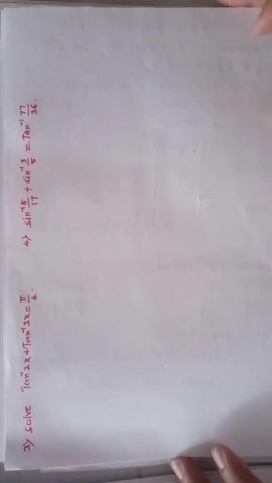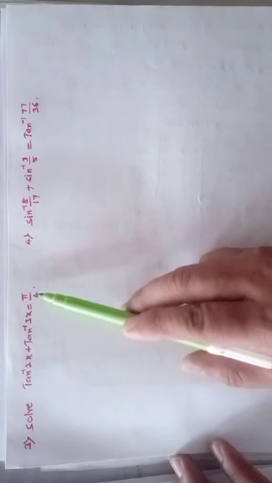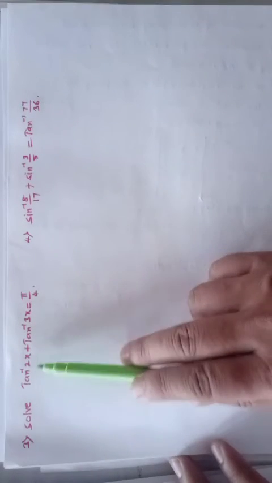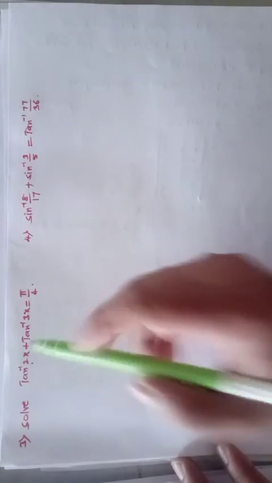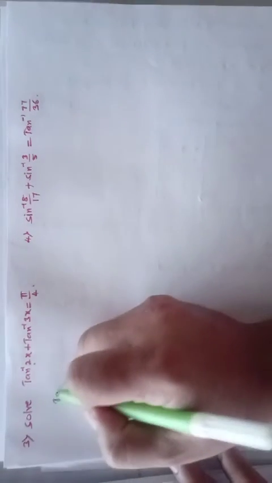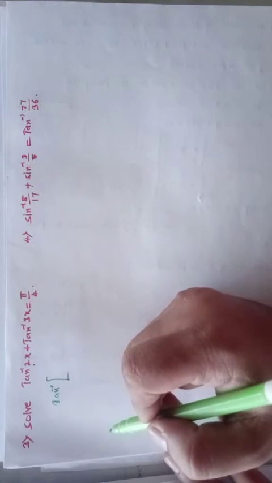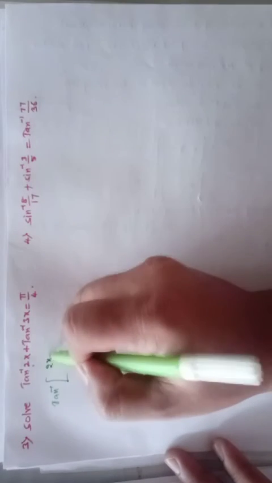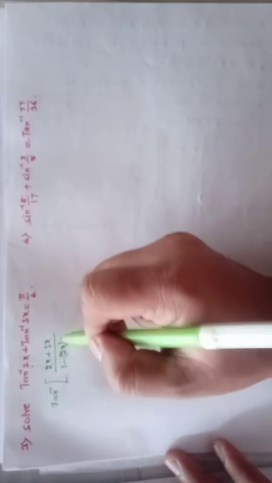Coming to the next question, tan inverse of 2x plus tan inverse of 3x is equal to pi by 4. Solving this means finding the x value. Tan inverse x plus tan inverse y can be written as tan inverse of x plus y by 1 minus xy.